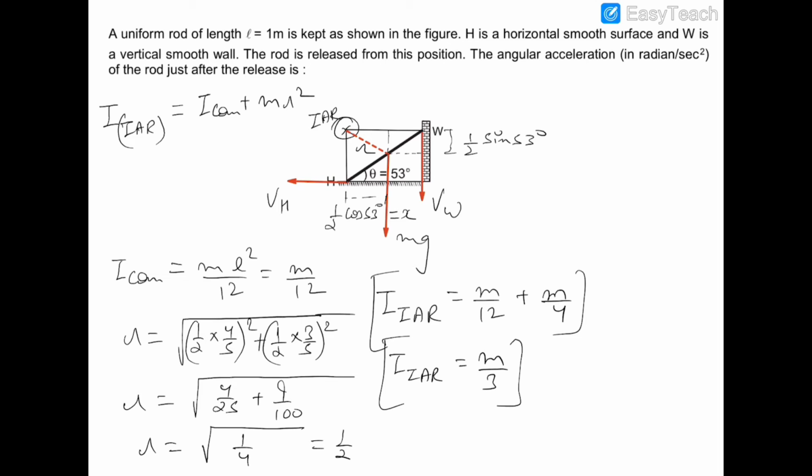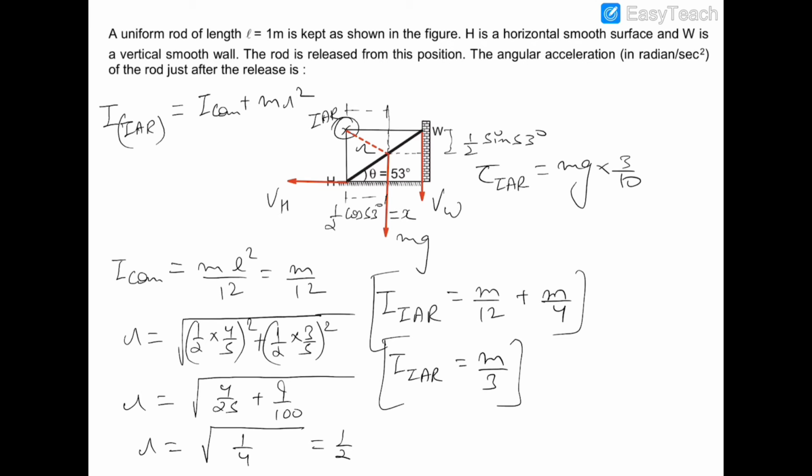So if we are assuming the rod to be performing only rotational motion about IAR, we can just find out the torque acting on the rod about IAR. So the torque acting on the rod about IAR would be only due to mg of the rod, and it would be mg into perpendicular distance. So this would be the distance of line of action of mg from IAR, and this distance would be 1 by 2 cos 53, so it is 3 by 10. So this is the torque of the rod about IAR.